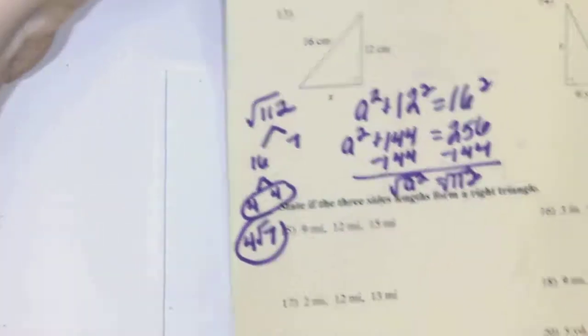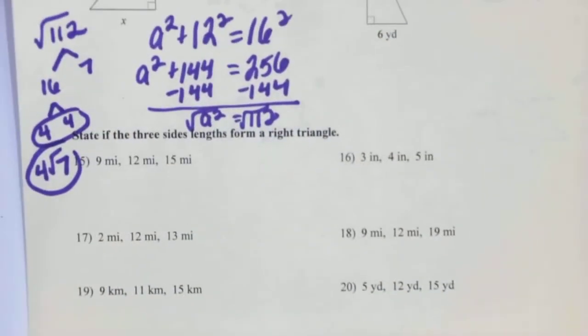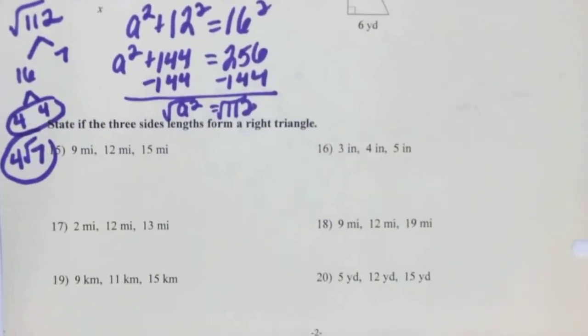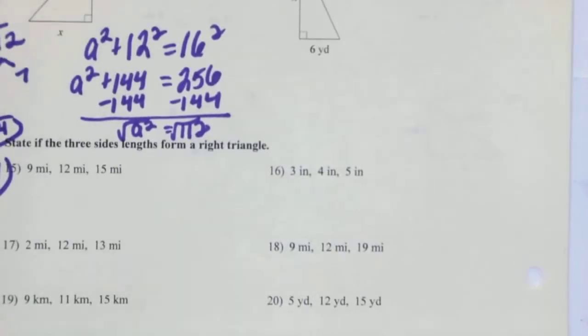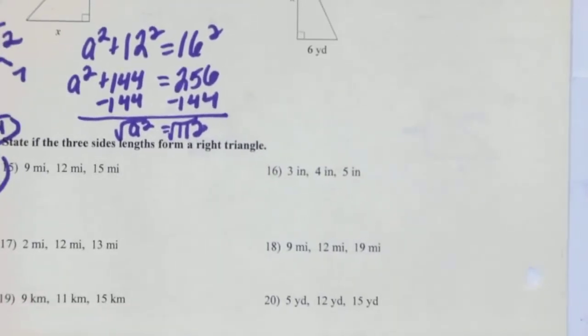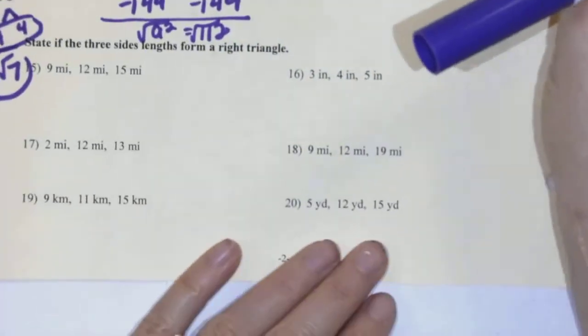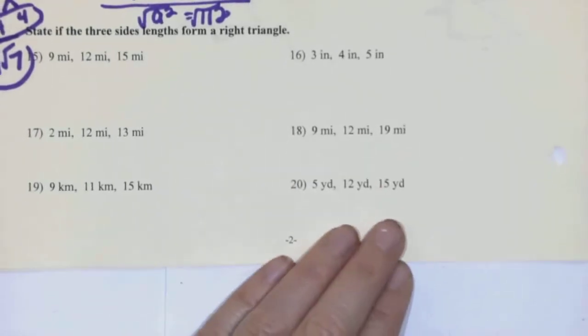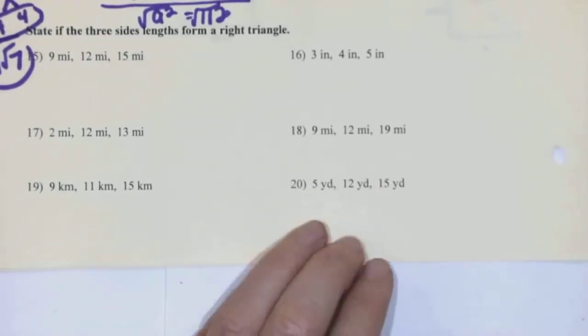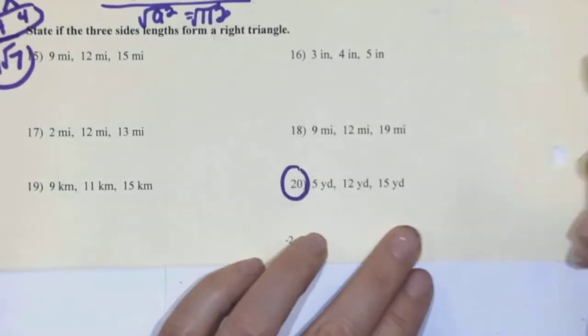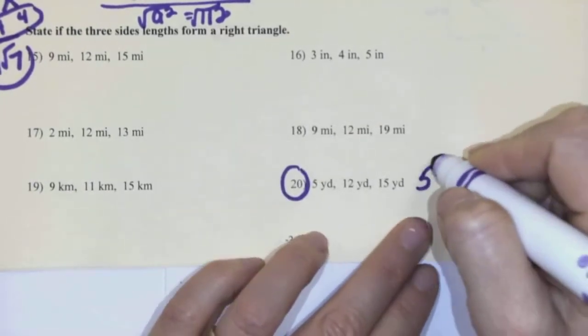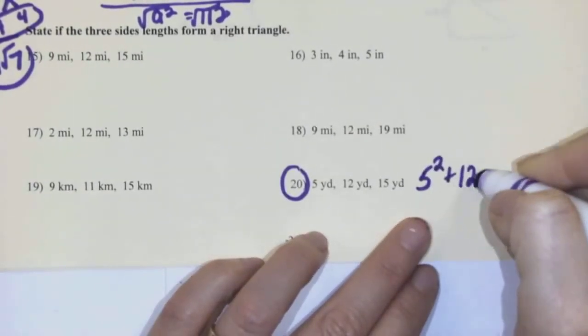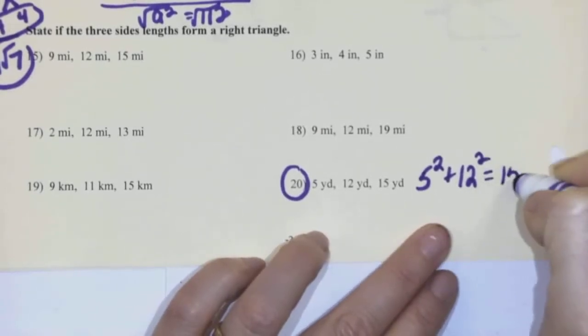Next group I want to do, the directions say, state if the 3 side lengths form a right triangle. Well, we know that if it's a right triangle, a squared plus b squared should equal c squared. And c is always the longest side. So I'm going to do number 20. Substitute those numbers in for a, b, and c.